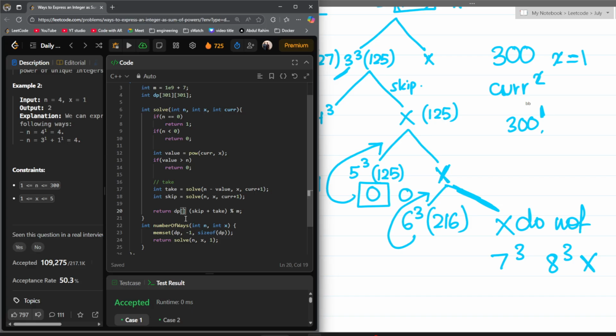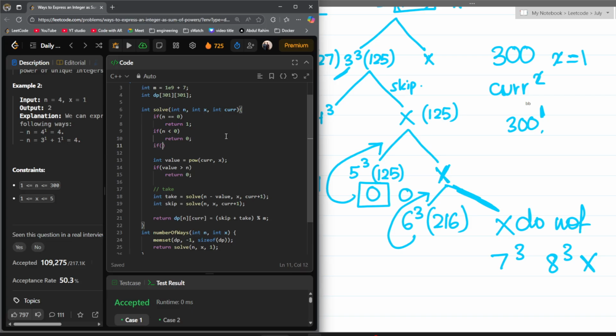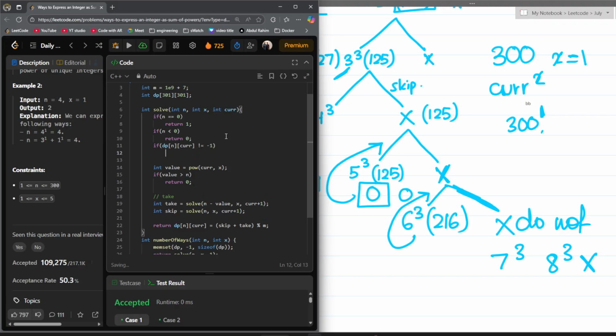So dp of n and current will be equal to this. And also if you already have the value for that state, just return it simply. If dp of n, current is not equal to -1, then that means that in the previous iterations you have already calculated that value. So just return dp of n comma current.